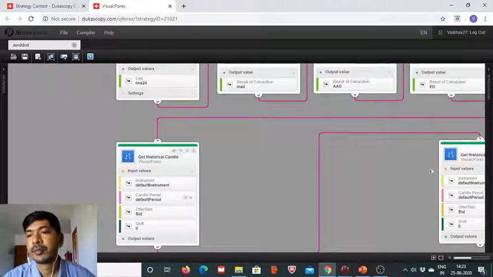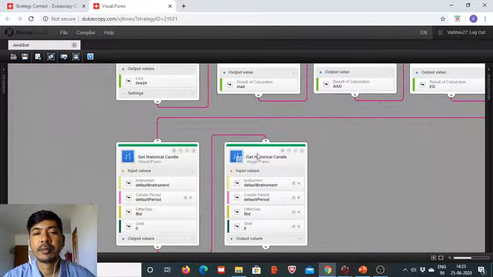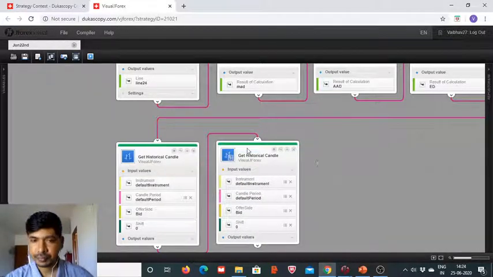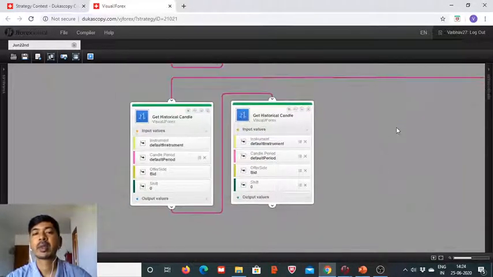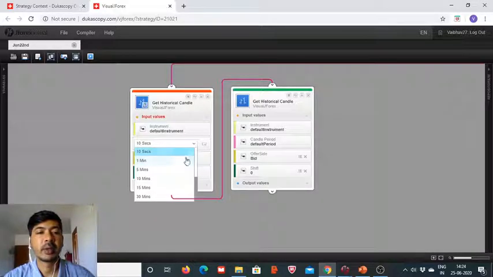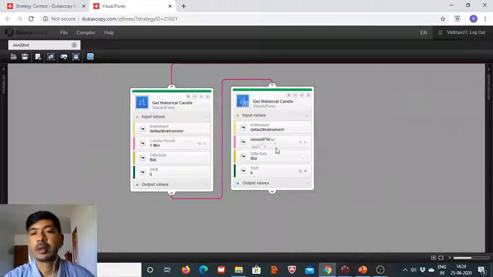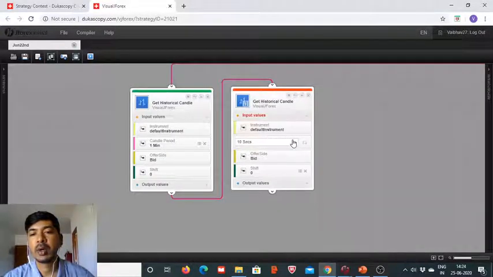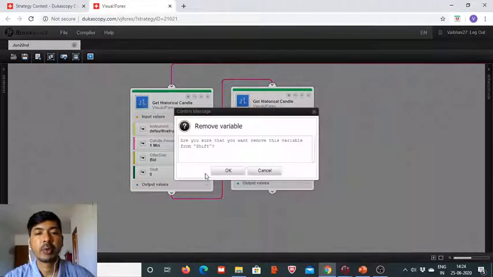Now we have to change the candle period to 1 minute, and this is also going to be changed to 1 minute, and shift is going to be 1.